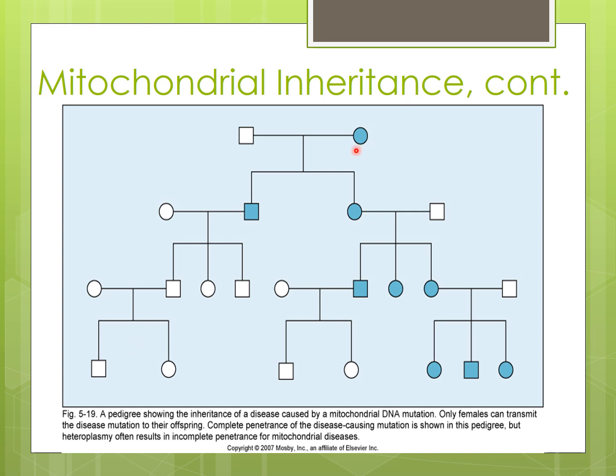However, the mother passing on to the daughter can then pass it on to the next generation. Once again, the son of that resulting daughter can't pass it on because males can't, but the females will once again be able to pass it on to sons and daughters as well. So it only passes on through the mother in the example of these mitochondrial diseases.